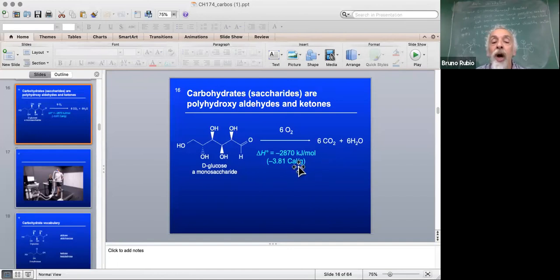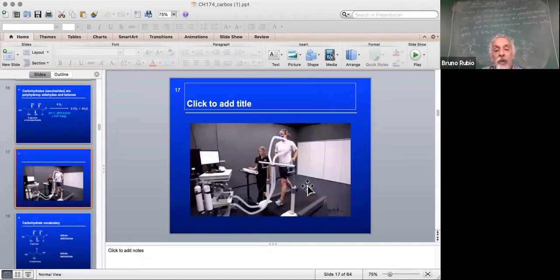And so maybe you know that a sugar provides about 4 dietary calories per gram. Where does that number come from? Well, when you take glucose and react it with oxygen and turn it into carbon dioxide and water, this is what's going on inside your body, that liberates about 4 dietary calories per gram. So that's where we get our metabolic energy from. Like this lady here on the treadmill, she's burning calories, right?